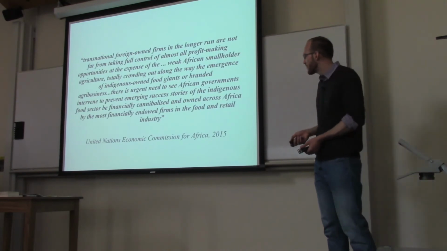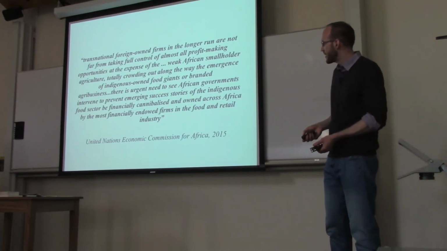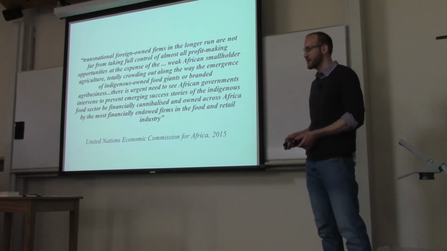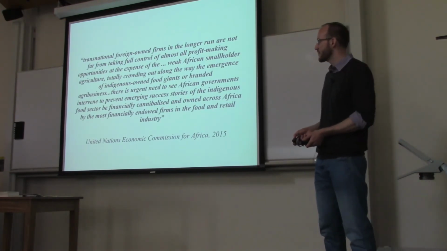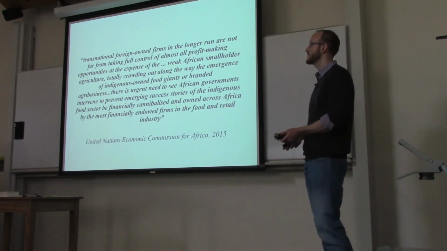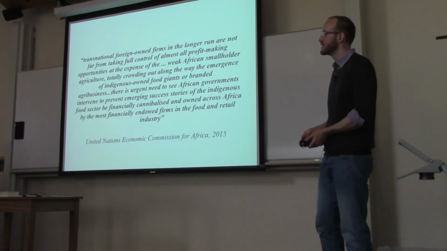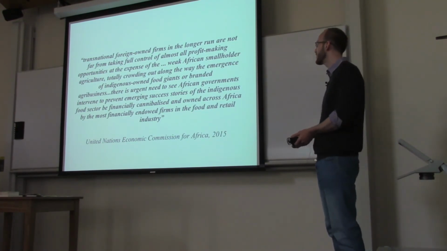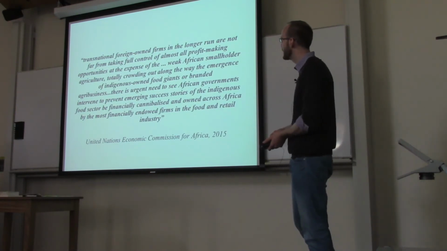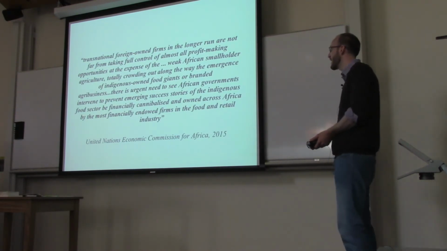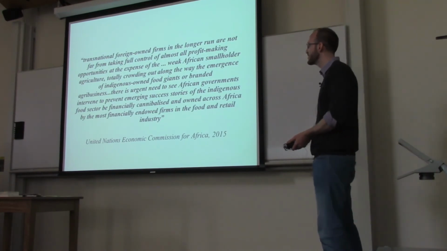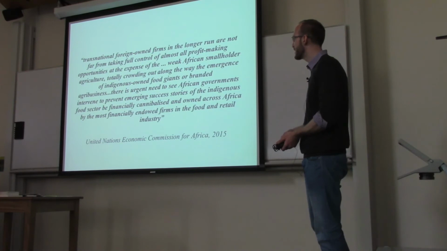Here's a quote from the UN Economic Commission for Africa's flagship report in 2015, called Trade for Industrialization or something like that. They focus on this issue of transnational corporations, and they say that transnational foreign-owned firms in the longer run are not far from taking full control of almost all profit-making opportunities at the expense of the weak African smallholder agriculture, totally crowding out along the way the emergence of indigenous-owned food giants or branded agribusiness.